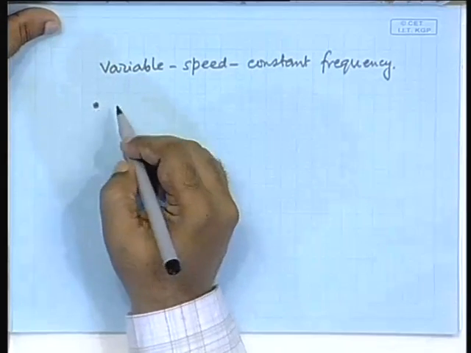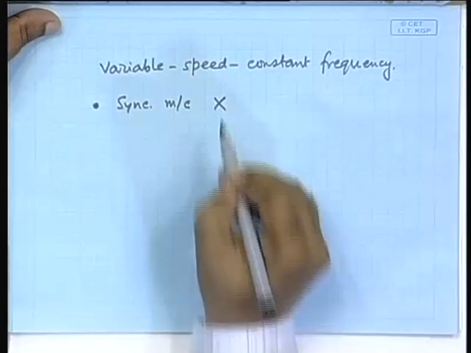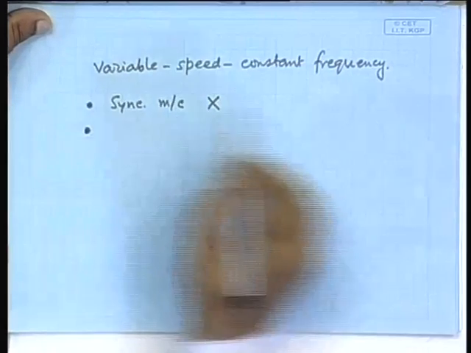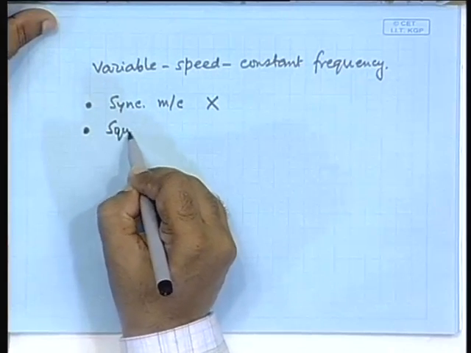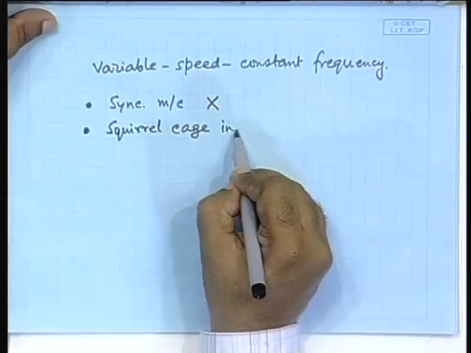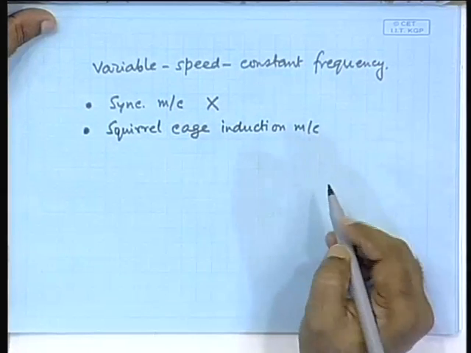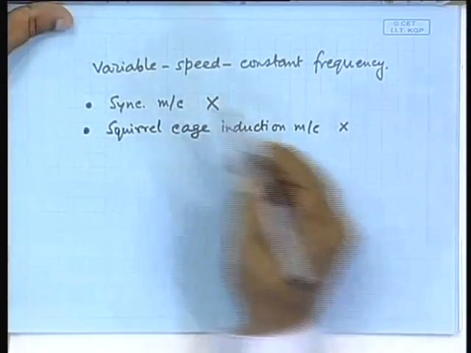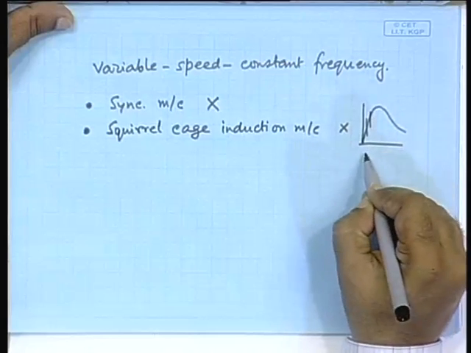Our options were: one, which is not a variable speed machine, a squirrel cage induction machine. This is also not in a true sense a variable speed machine, because the torque slip characteristic has a very narrow range available to you.